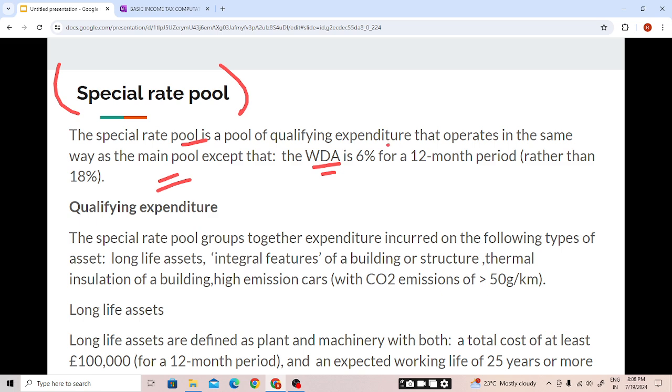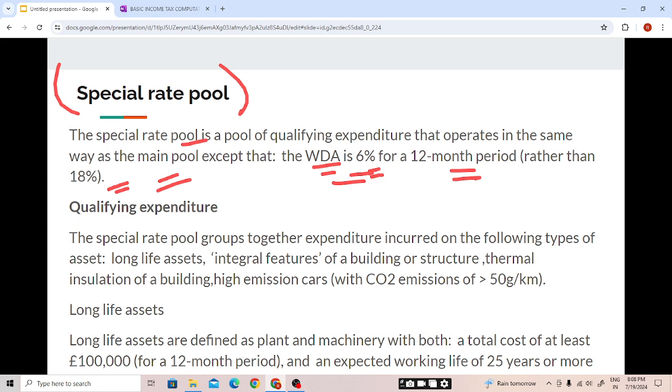The WDA is 6% for the 12-month period, but it is 18% for the main pool, and this will be adjusted. I hope this is clear. If the period of account is more than 12 months, it will increase. If the period of account is less than 12 months, it will decrease.